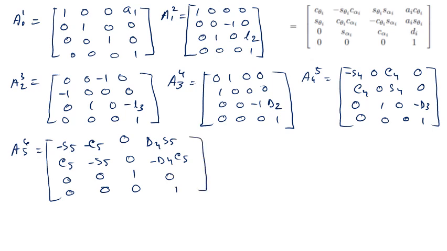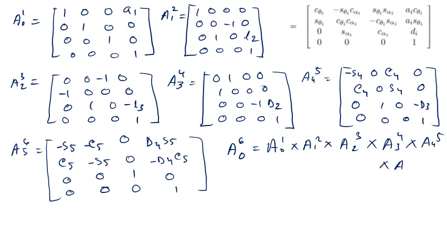So you have now the 1, 2, 3, 4, 5, 6 matrices. So your ultimate homogeneous transformation matrix A06 would be A01 times A12 times A23 times A34 times A45 times A56.